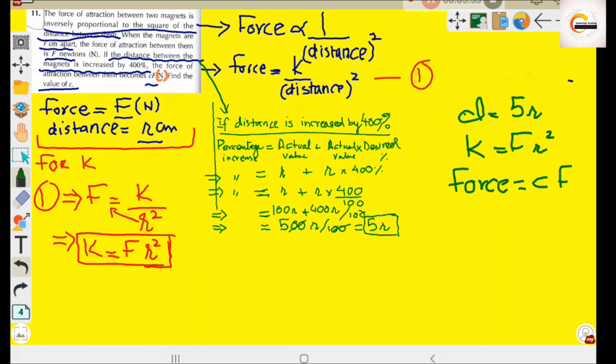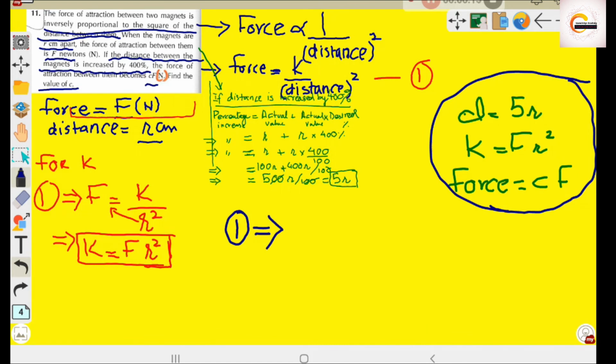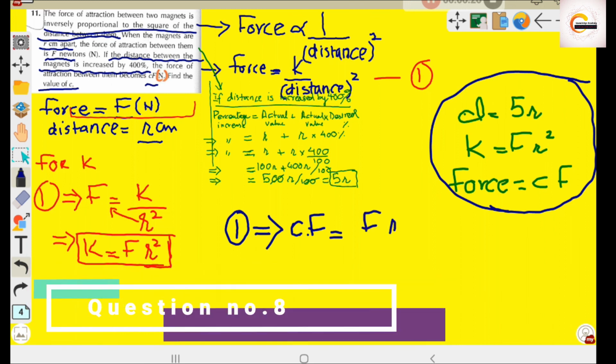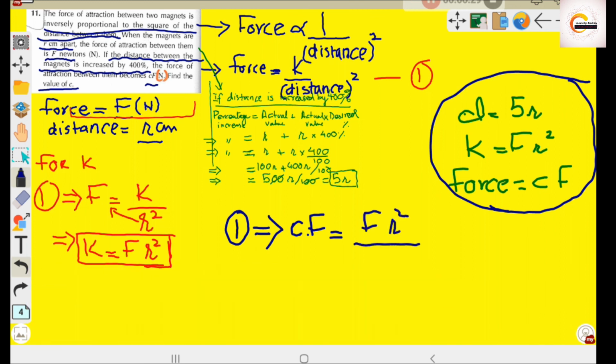If we put these values in our equation 1, we can get the value of C. So let's put the values in our equation 1. Now force is CF, K is F into R square upon D is 5R whole square.